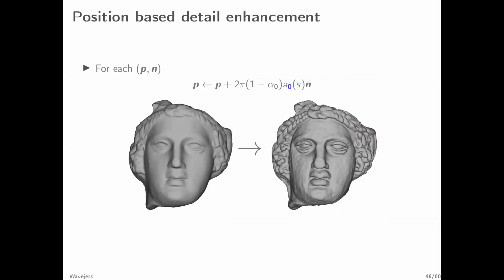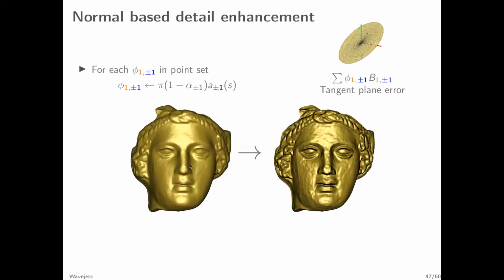For example, here is a shape for which we try to increase the contrast by moving the points, just by modifying the basis coefficients. We can get this kind of result here, where you see the braid is much sharper, the hairs as well, and you can do the same for the normals.